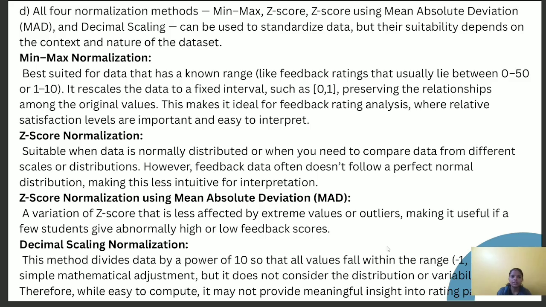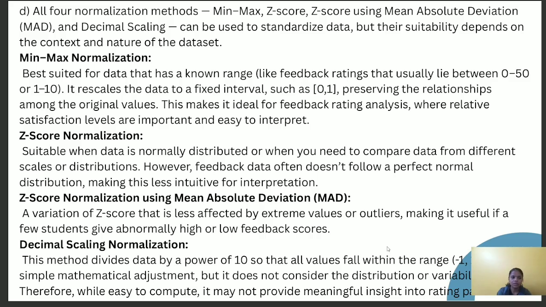It rescales the data to a fixed interval such as 0 to 1, preserving the relationships among the original values. This makes it ideal for feedback ratings analysis where relative satisfaction levels are important and easy to interpret.